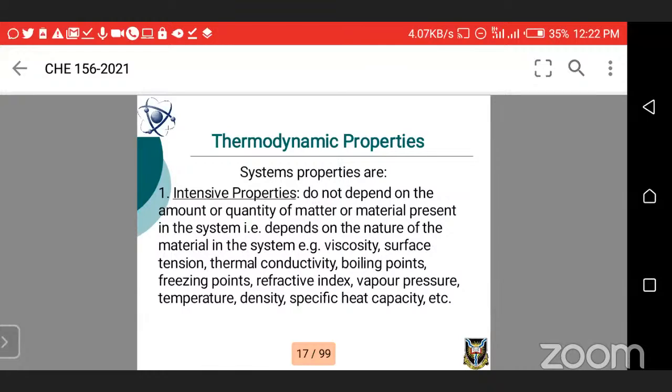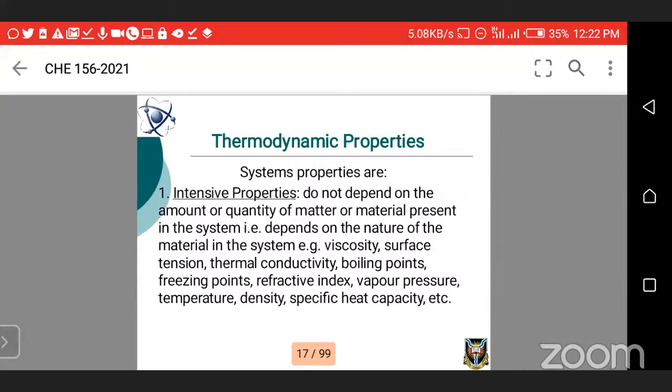These are properties that are not dependent on the quantity or the amount of material or matter in the system. They are dependent on the nature of the material in the system.